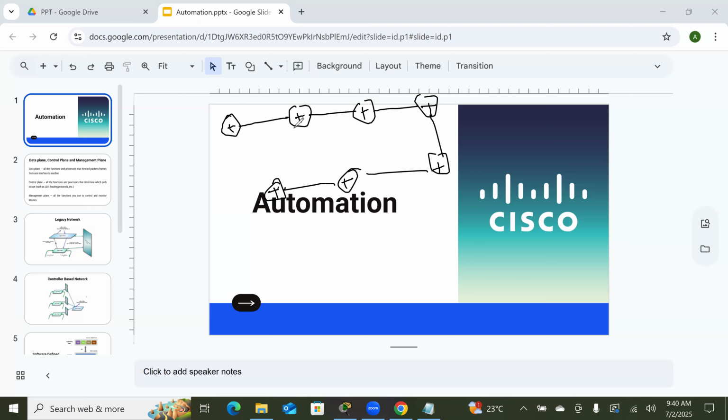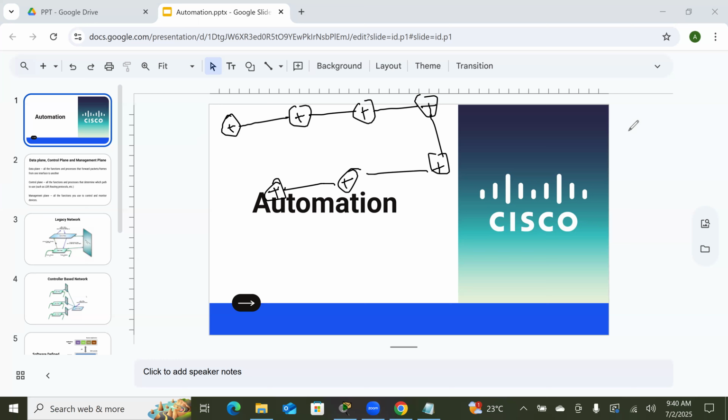For the first time, you have to go on each and every router, take the console, and configure according to your requirement.